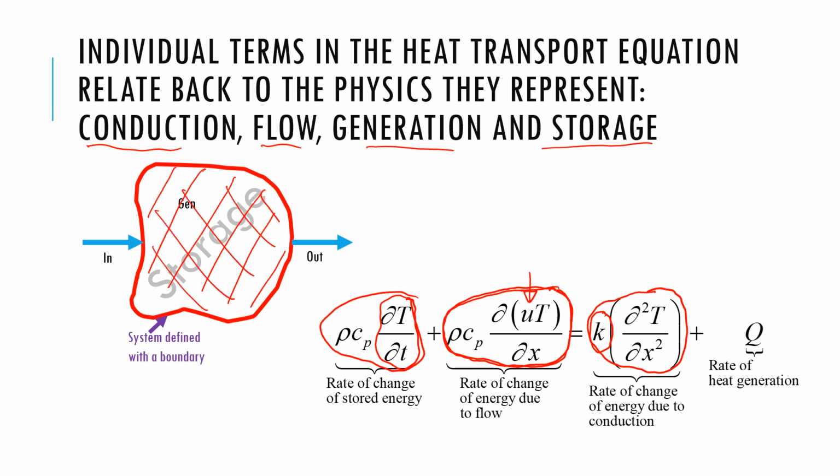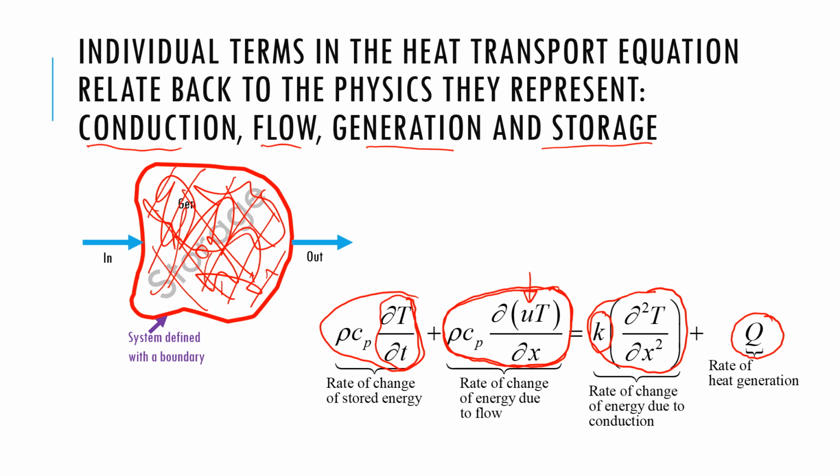So the last one relates to rate of heat generation. So how heat is being generated in the control volume, and that is normally a conversion of energy from some other form into heat, like microwave heating.